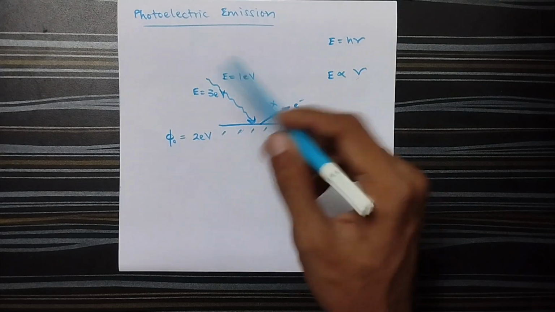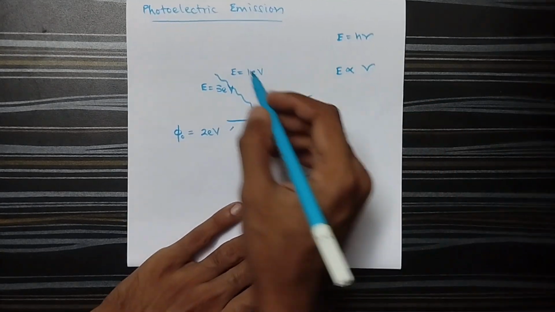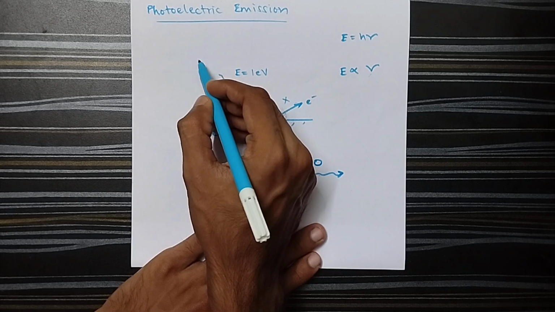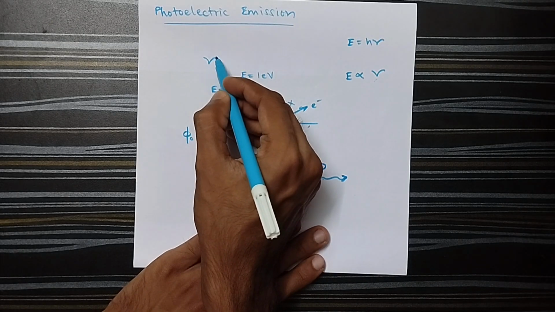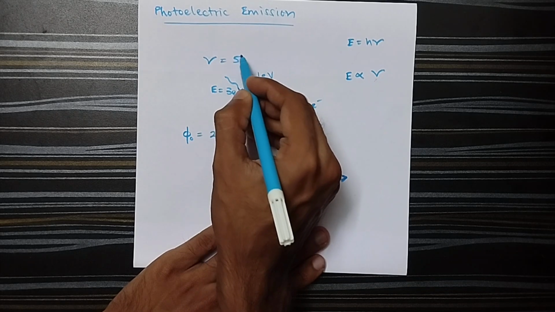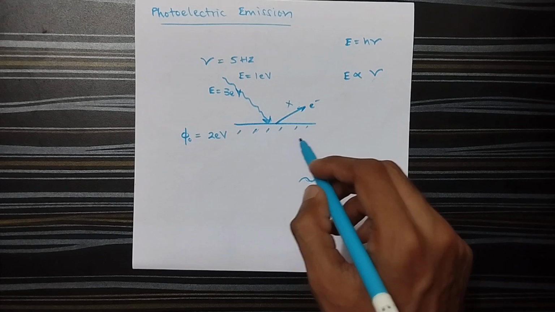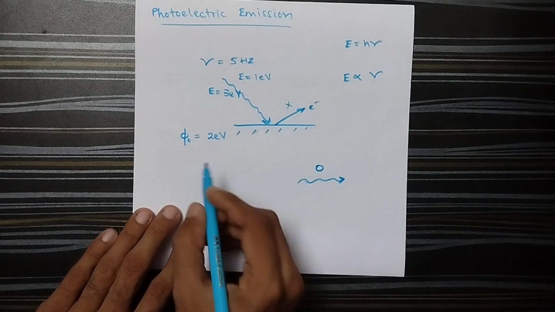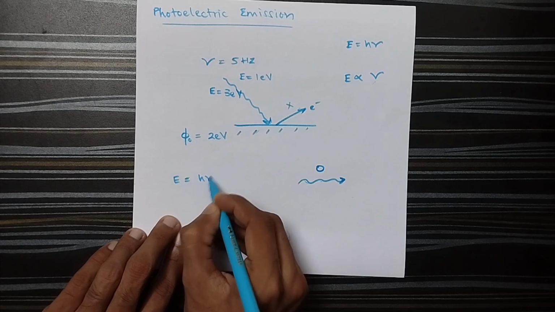So such a situation is called photoelectric effect, and frequency comes in the case of this energy. Suppose the frequency of this radiation was 5 Hertz, right? So what will be the energy? Energy would be equal to, we know the equation, h nu, right?